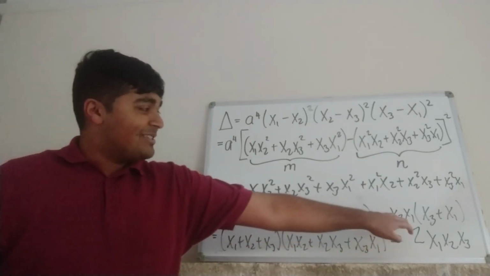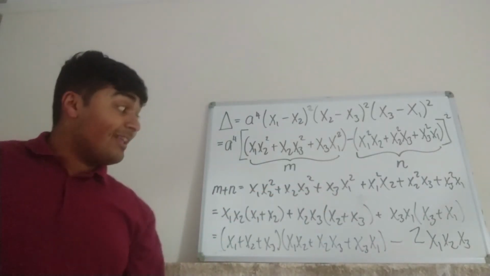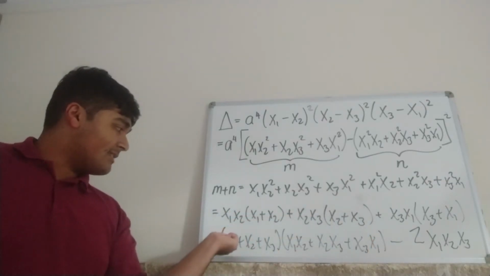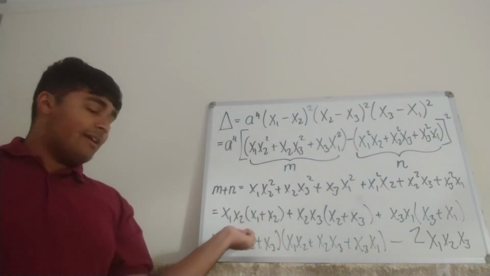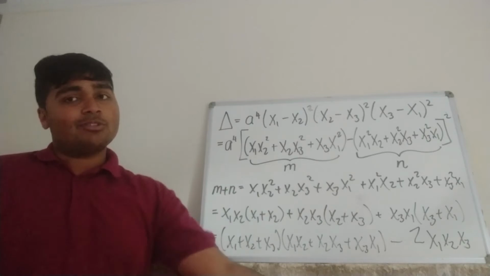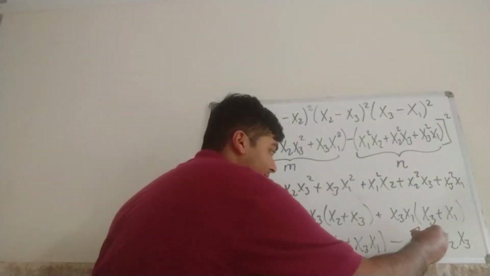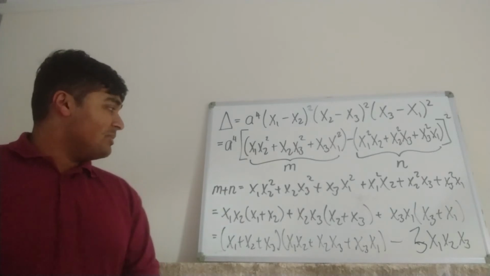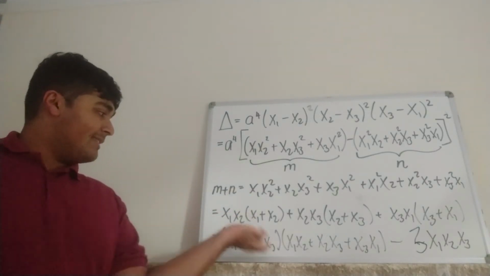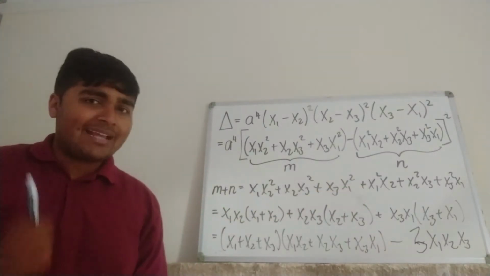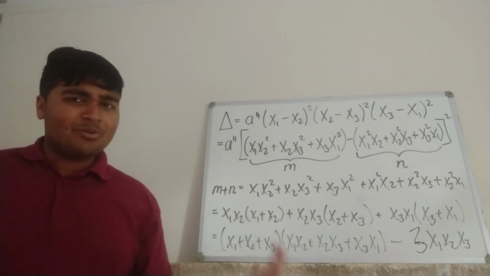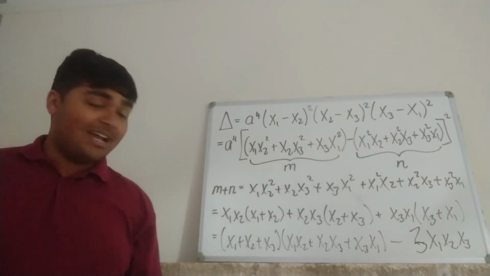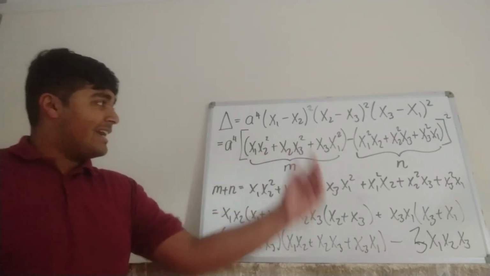To get this x3 x1 times (x3 plus x1), we're also going to get a plus x2 x3 x1, so we've got to subtract that off, and then we get the minus 3 x1 x2 x3. So we've shown that m plus n is equal to this times this minus 3 x1 x2 x3. Now you might be wondering, why on earth have I expressed it in this perhaps even uglier fashion to what we had up here?